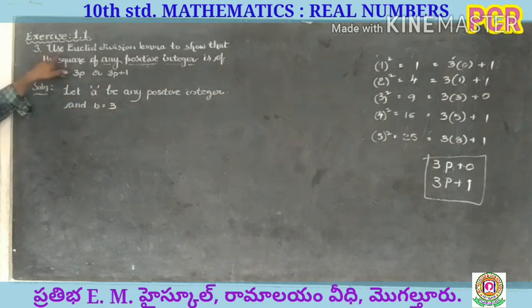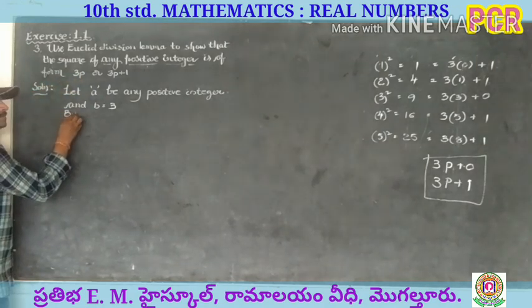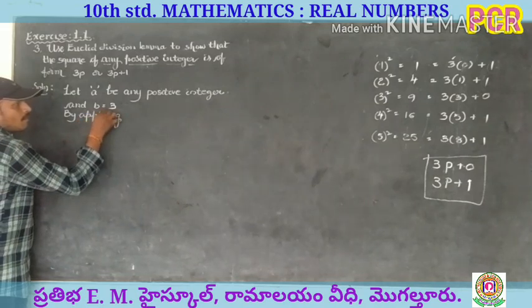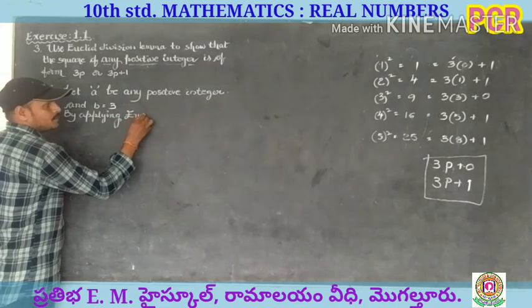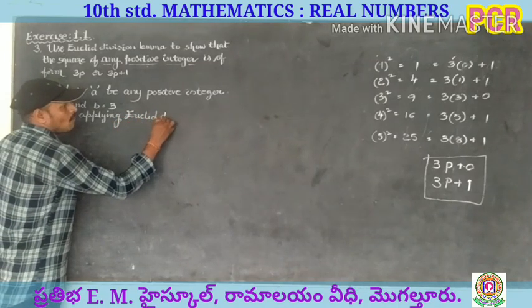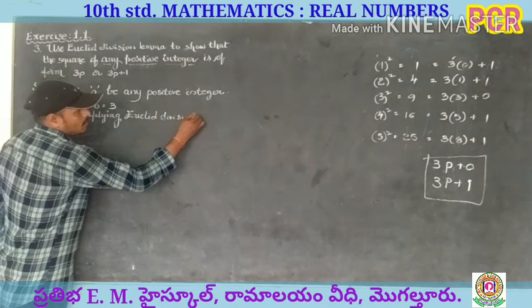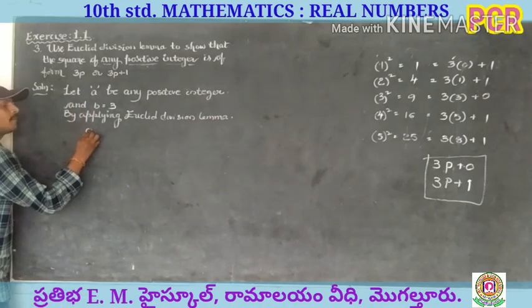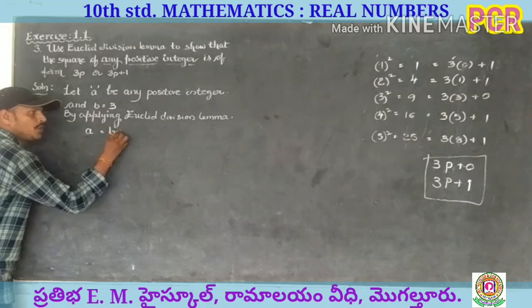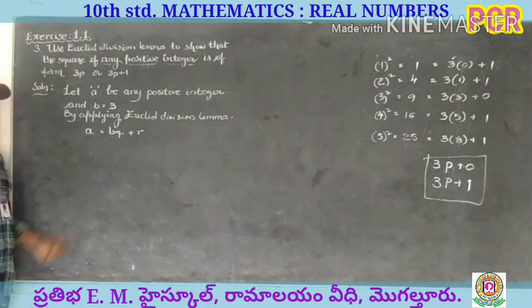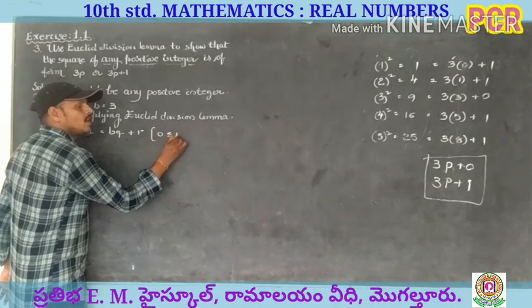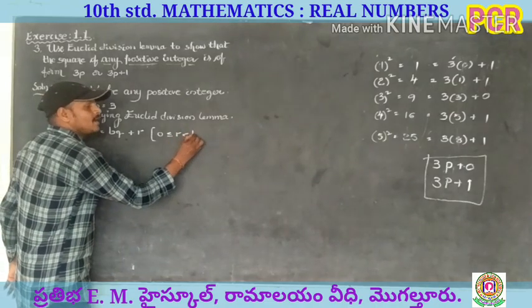Now we can apply Euclid division lemma to this a, b. What is Euclid division lemma? a is equal to bq plus r, where 0 is less than or equal to r and r is less than b.